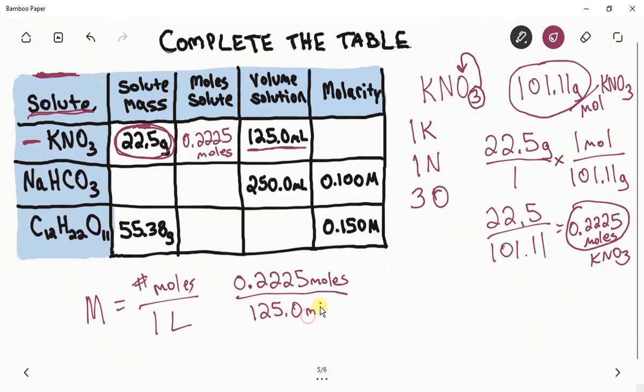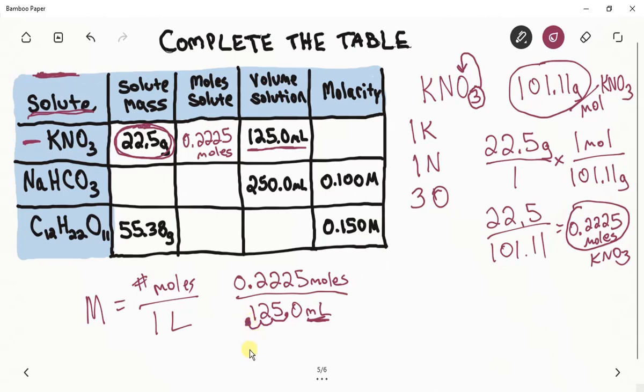125.0 milliliters. Now, do you notice something funny? This is in milliliters. We need to change this to liters. So my shortcut for changing milliliters into liters is you just take the decimal point and you move it back 3 spaces.